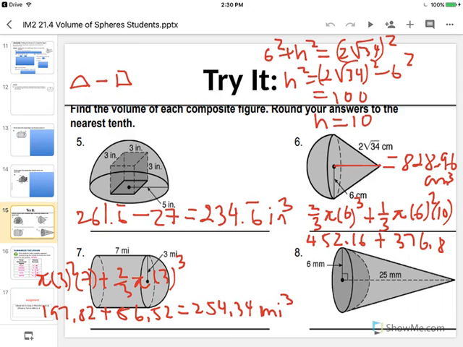And then for number 8, we're scooping out the hemispheres to find the volume of the cone, and then minus the volume of a hemisphere.